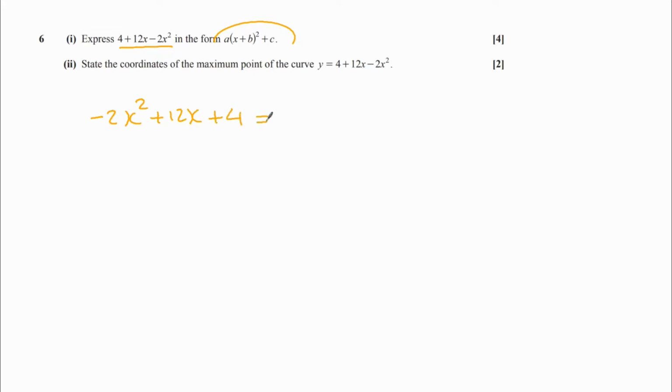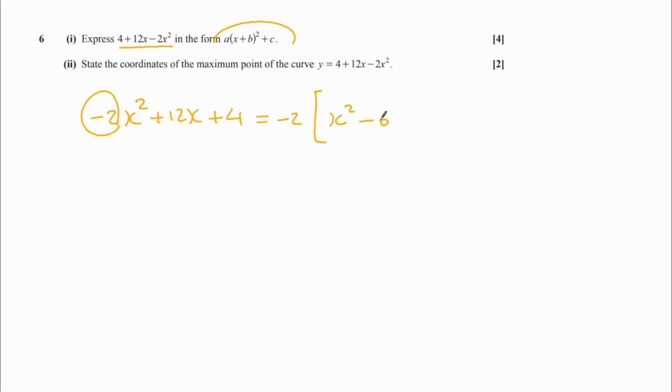For this, when we want to complete the square, we need to have this x squared with a coefficient of 1 rather than minus 2. So I can take out a minus 2 and factorize everything with minus 2. So this would be x squared, that is what we want.